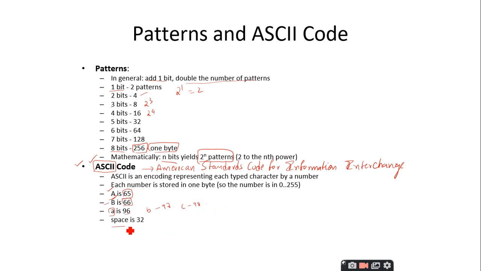Space is also considered a character, a white space, and it also has an equivalent number, which is 32. If somebody asks you the ASCII code for space, you can say it is 32. So the definition of ASCII code is a number equivalent to each and every character.